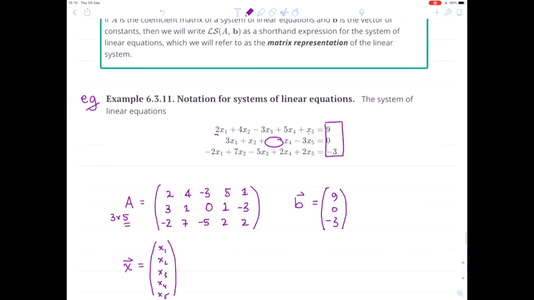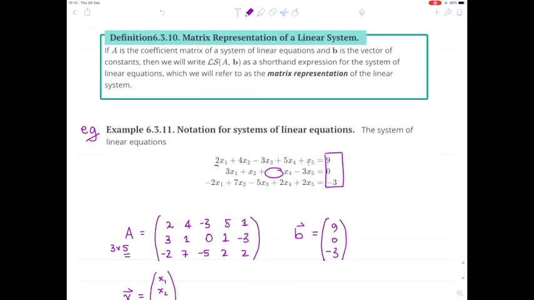So when we've found in particular the coefficient matrix and the constant vector, this encapsulates all the important information about the system, because we don't really care what we're calling our variables. So long as we're consistent in all three equations, we could call them whatever we want. It's these coefficients and the numbers on the other side of the equal sign that are important.